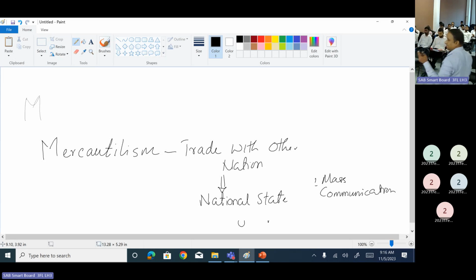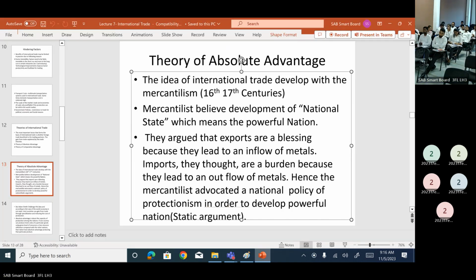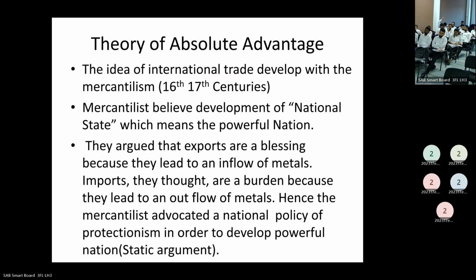So that is the early stage, when people talked about international trade, capitalism, working through these ideas in the 16th, 17th centuries. But later on, that idea changed, and we talk about free trade. So it started from mercantilism.